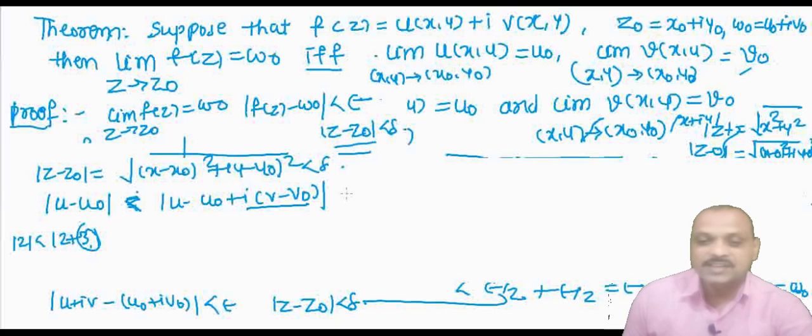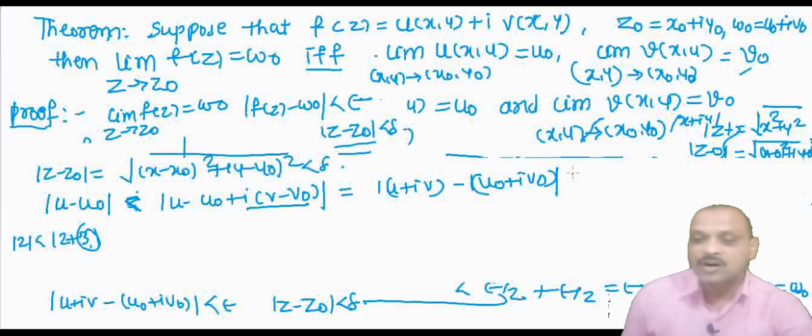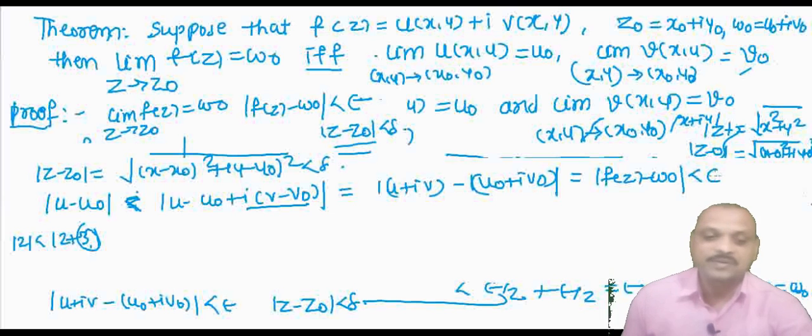But what is this? This is equal to mod of (u plus iv) minus (u0 plus iv0), which is nothing but mod of f of z minus w0, and this is less than epsilon.